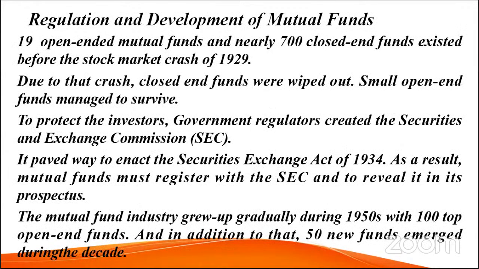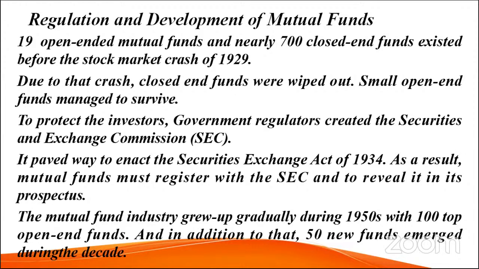Actually, as there is a competitive strategy, these mutual funds have adopted a competitive strategy. That is why they never follow any standard. To counter that, some sort of regulation is required, and that is why some regulations have been developed for the mutual funds. You see, 19 open-ended mutual funds and nearly 700 closed-ended funds existed before the stock market crash in 1929.